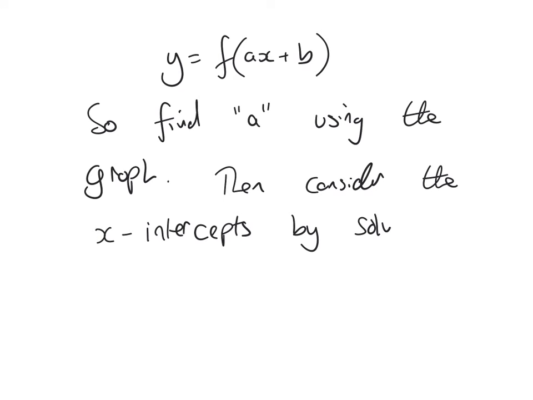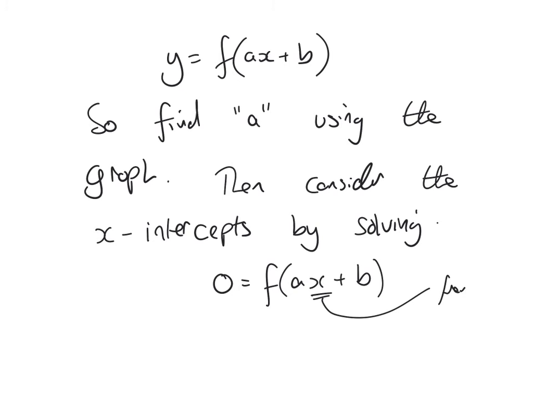So you know that y is equal to 0 at that point because it's an x-intercept. You've got the value of x itself, and you've got the value of A. You can then go on and solve the equation to find the value of B. That's the key. That's what you're going to be doing, equation solving to find your value of B.